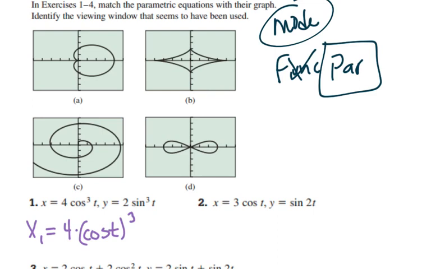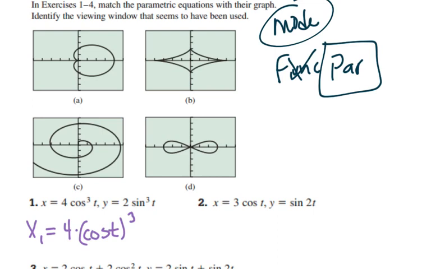So, to the power of 3. Alright. And you are going to want to be in radian mode. So again, going to your mode, you want to be in radian. Otherwise, you're not going to be able to visually see what's happening.